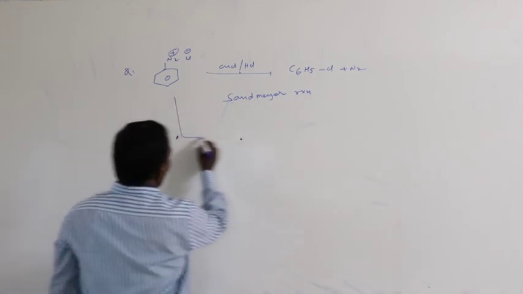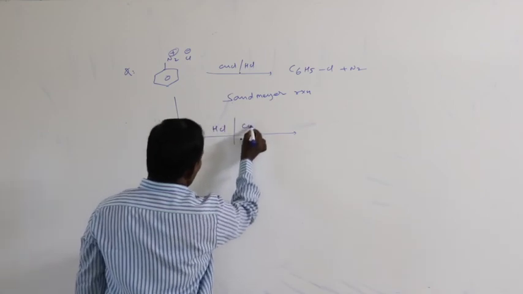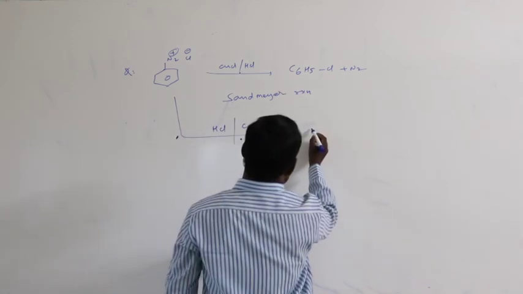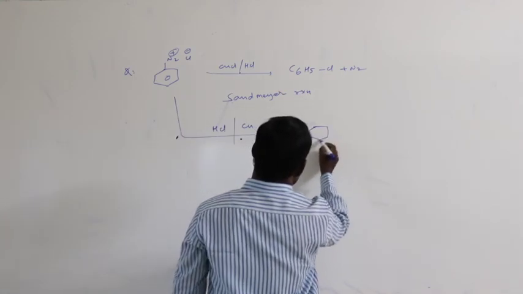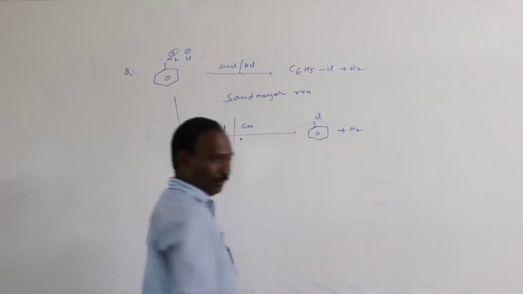If this benzene diazonium chloride is treated with HCl in the presence of copper powder, here also the product obtained is chlorobenzene and N2.